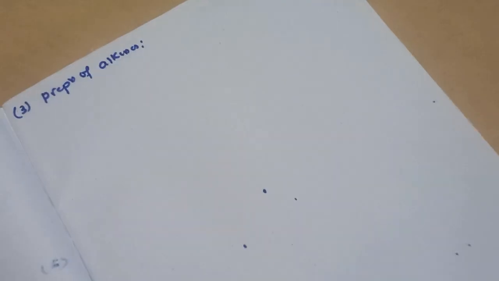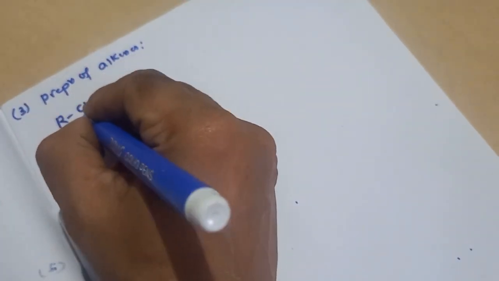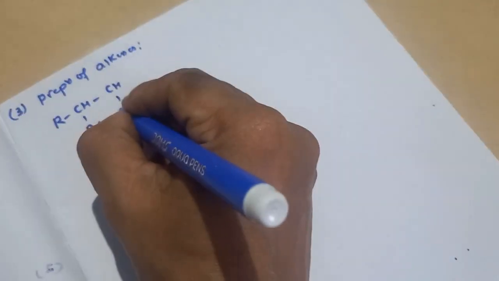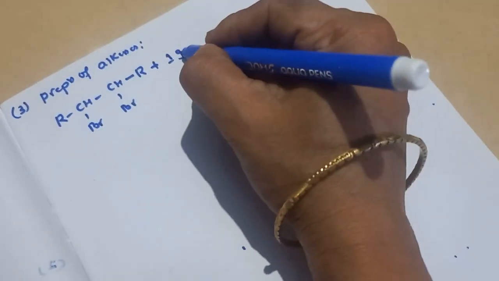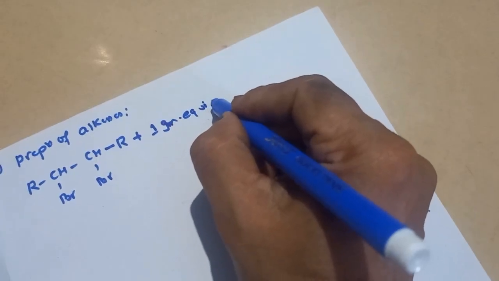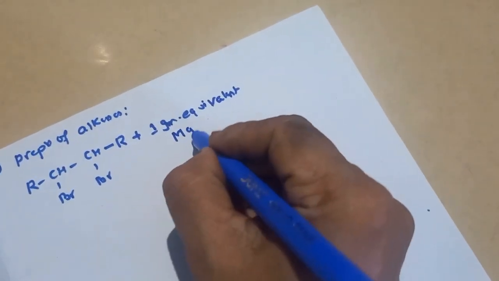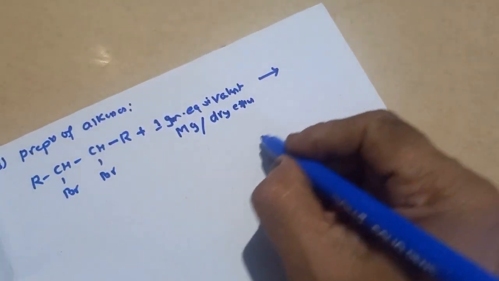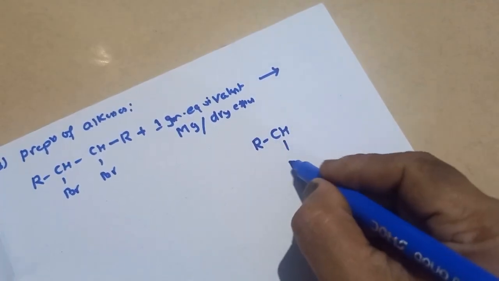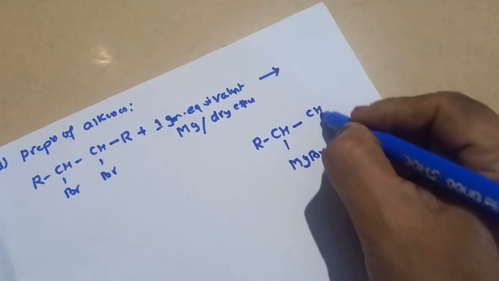Now, preparation of alkenes. When alkyl halide like this reacts with 1 gram equivalent of magnesium in dry ether, then we get Grignard reagent like this.